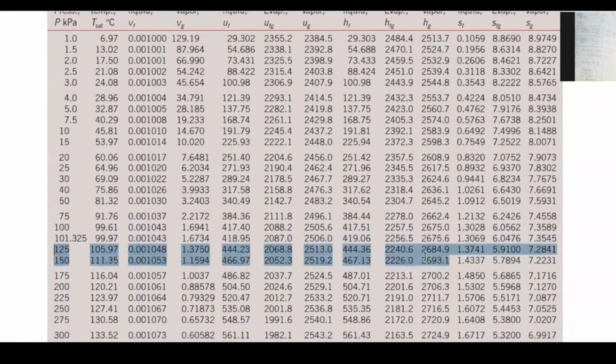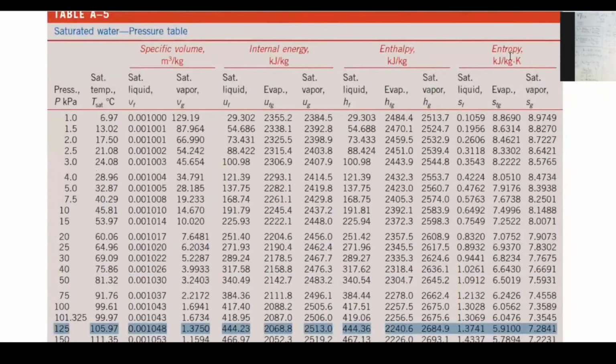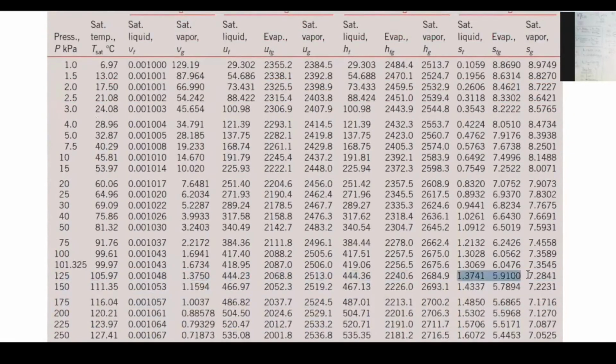So let's use 125 as a guide, and from there we can work our way for 120. Okay, entropy, this is the last column here. If this were saturated vapor, our entropy would be 7.2. If it were a liquid, it would be 1.37. Our entropy in our imaginary state is 6.5.